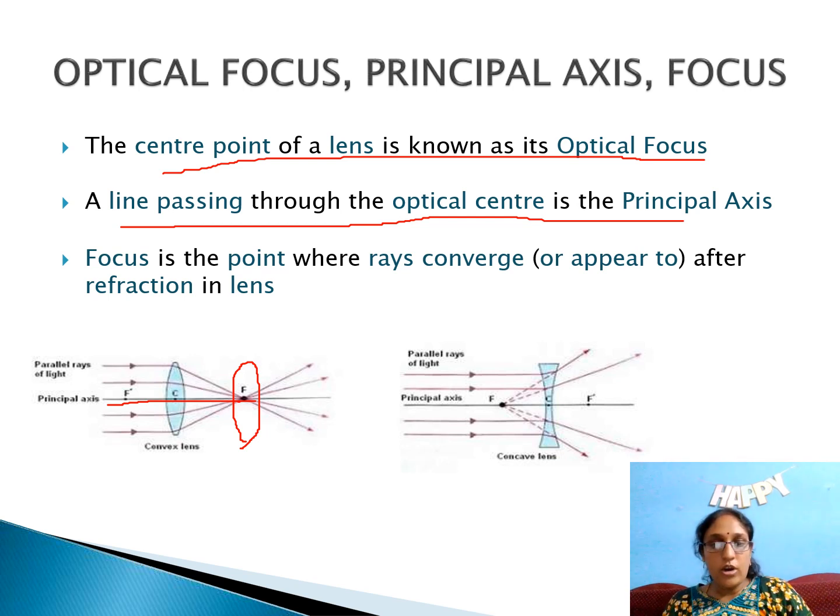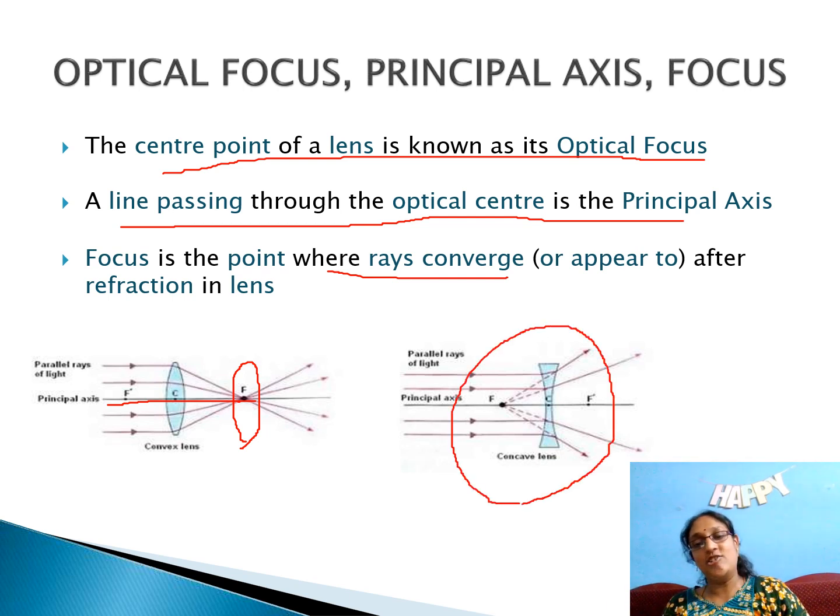And the focus is the point where rays converge. Can you see in the case of convex what is happening? It is converging at one particular point. But in concave, what is it doing? It appears to diverge. That is the only difference between the mirror and the lens; they are opposite to each other.